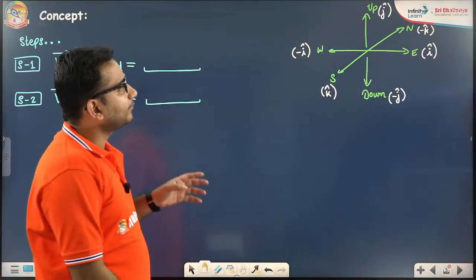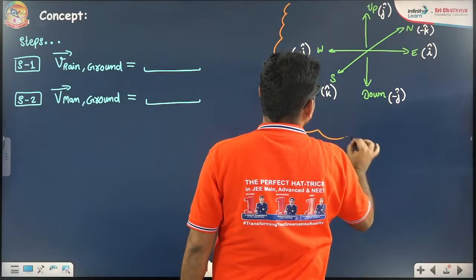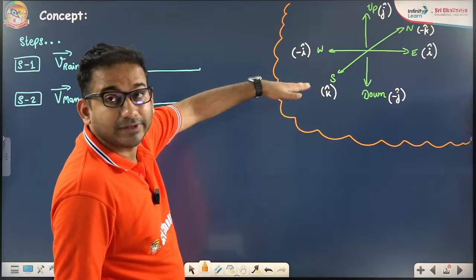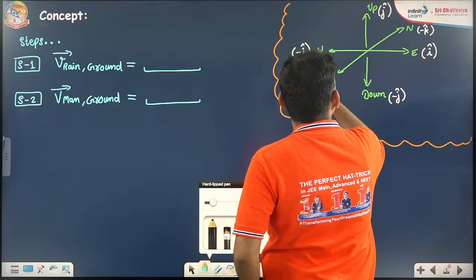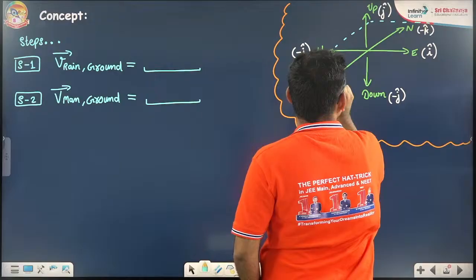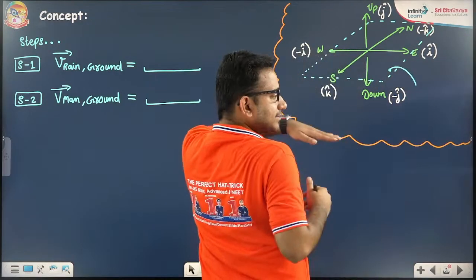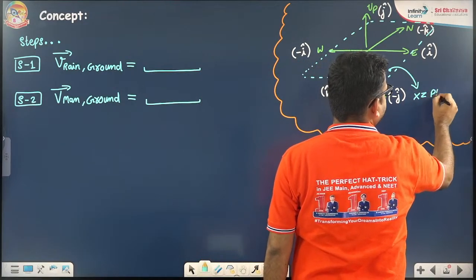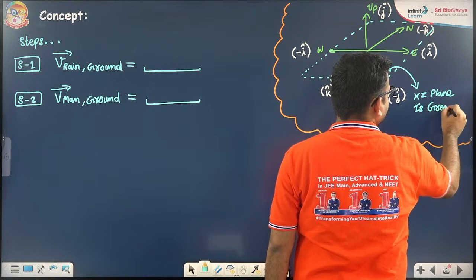What I am doing is I am dedicating the unit vectors to different directions, and your ground is basically your east, west, north, south, means xz plane. This xz plane, if you imagine, is basically serving as a ground, x-axis and z-axis.